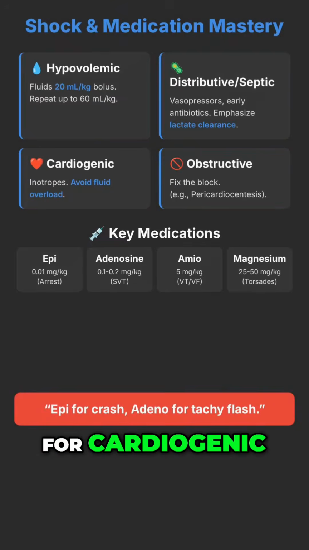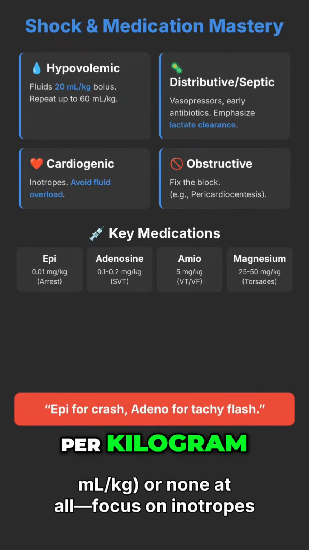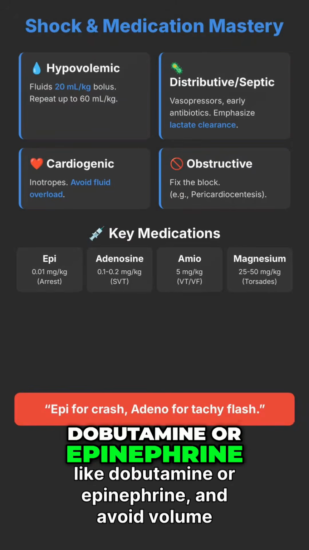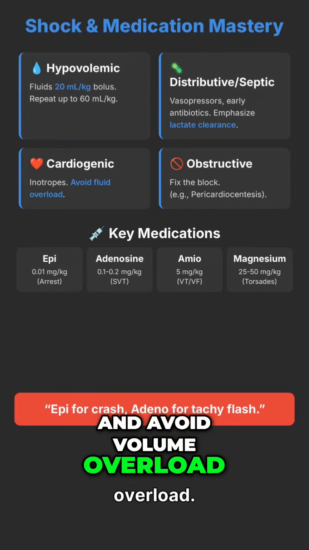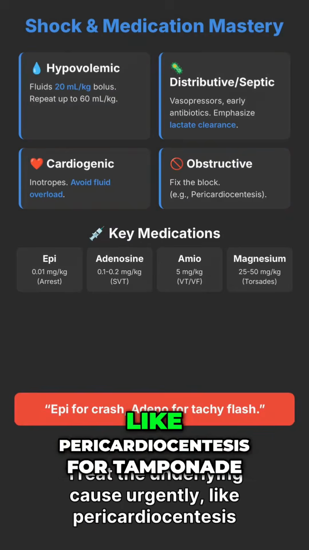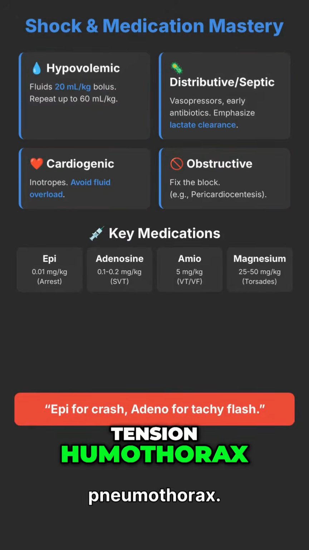For cardiogenic, use smaller, cautious boluses, 5 to 10 milliliters per kilogram, or none at all. Focus on inotropes like dobutamine or epinephrine and avoid volume overload. For obstructive, treat the underlying cause urgently, like pericardiocentesis for tamponade or needle decompression for tension pneumothorax.